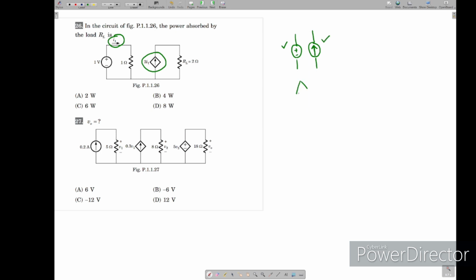If you see any circuit like this, these two are independent, these two are dependent sources.